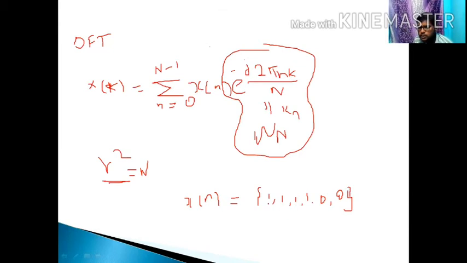How many points are there? 1 2 3 4 5 6. Six points are there. So here N equals 6.